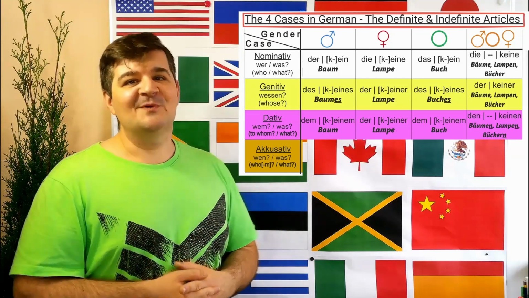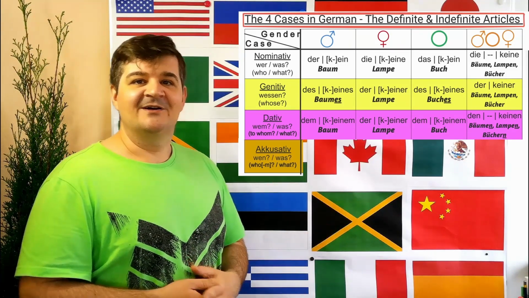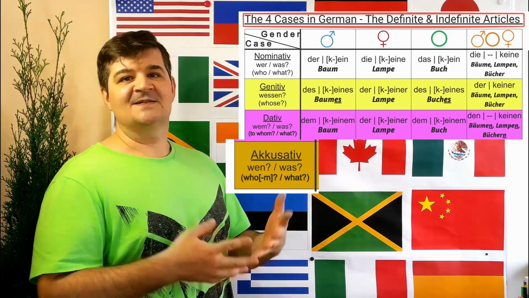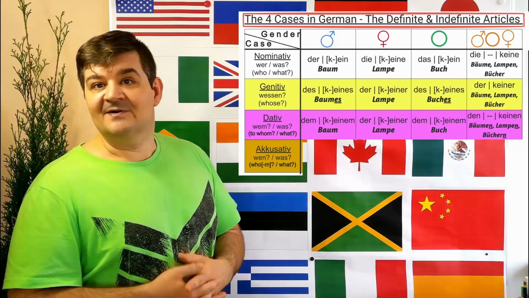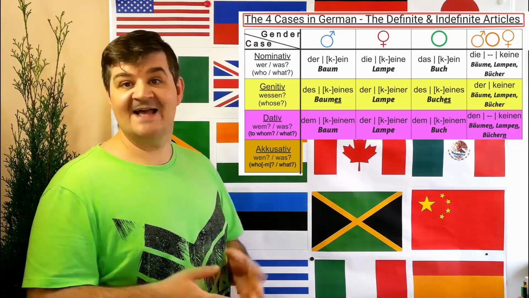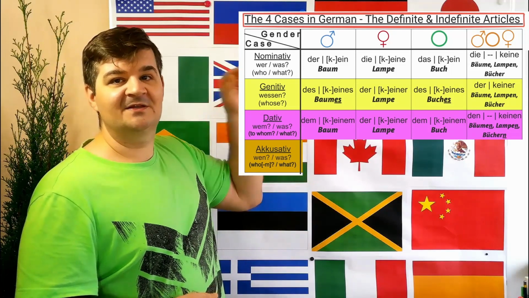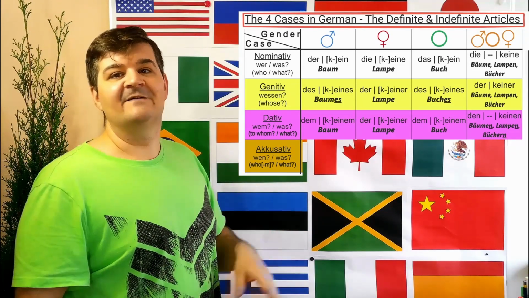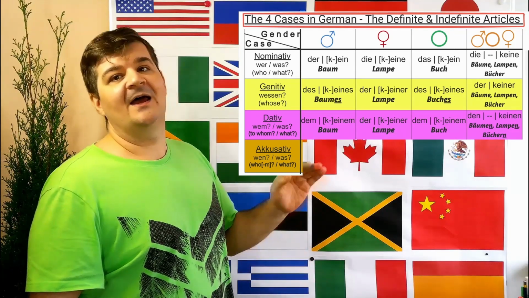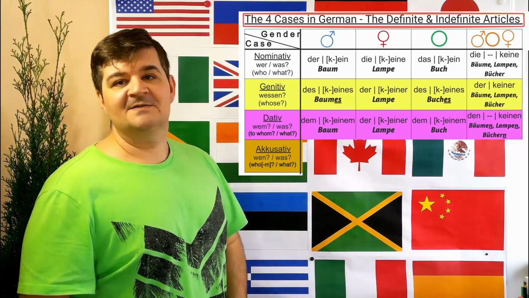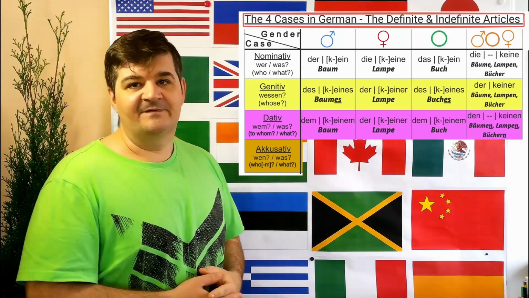Alright, and now we are almost finished for today. We have our last case here, the accusative case. Now, accusative, as I told you, has this idea to repeat the nominative forms, well, at least for the female and the neuter gender and for the plural form. So for those, you will simply copy the nominative case.